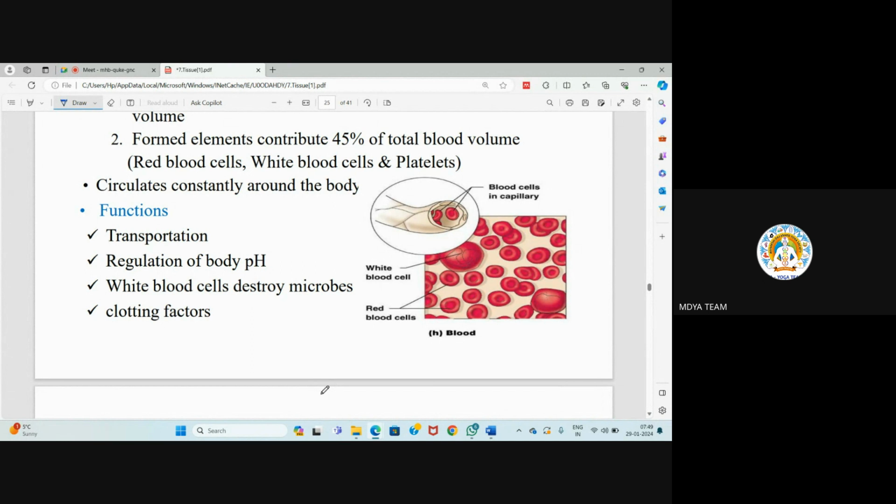After some time bleeding stops, and our skin gets contracted, and some fibrous foundation we can see in that place, and after some time it becomes black and the skin removes it on its own. So that is known as clotting factor.